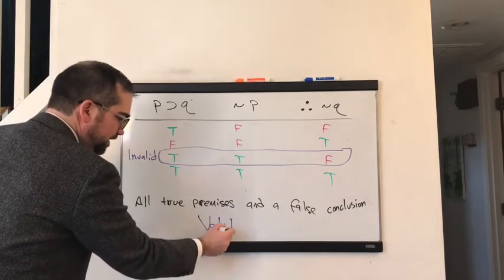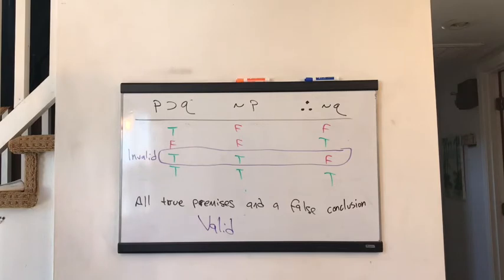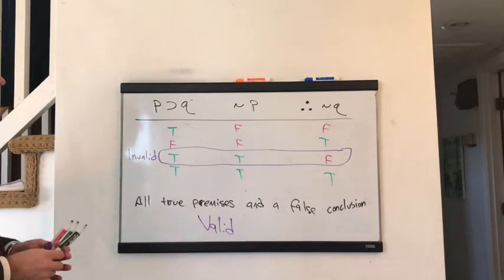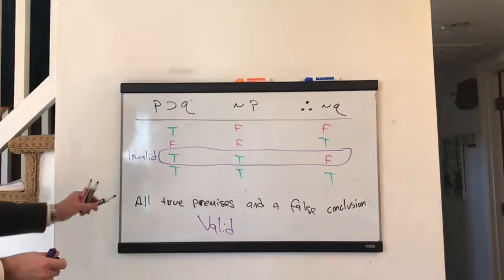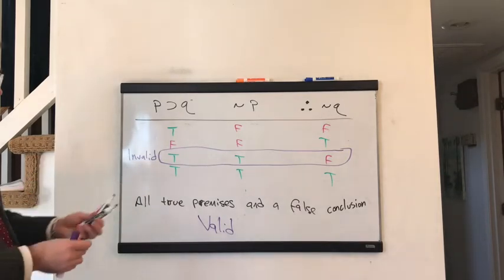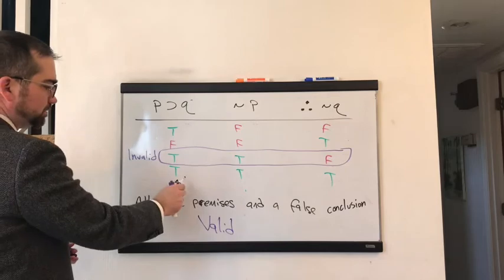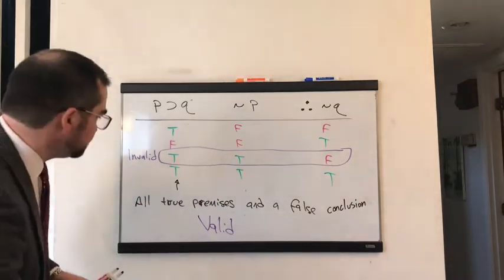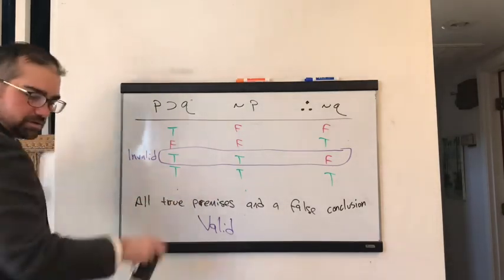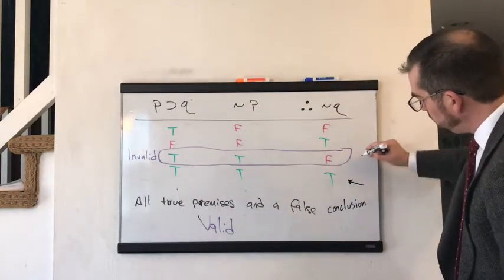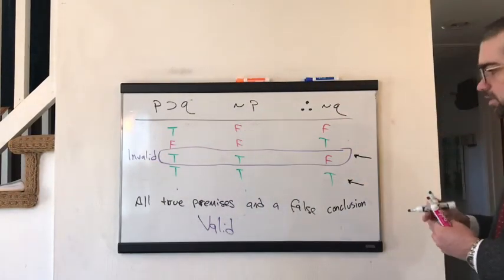And that's what you're doing in chapter 7, determining whether an argument or a series of arguments, the way they're constructed, is valid or invalid. The key is looking for rows with all true premises, like this row. Whoops, that's not where I should have drawn that. The key is looking for rows like this row and this row, okay?